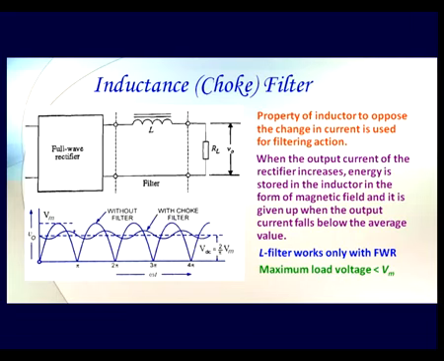So effectively this is also going to operate on a similar principle, that the energy stored in the device is given to the load when there is no conduction happening from the output of the rectifier.